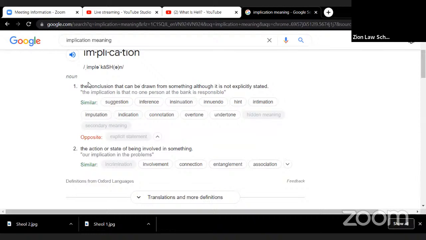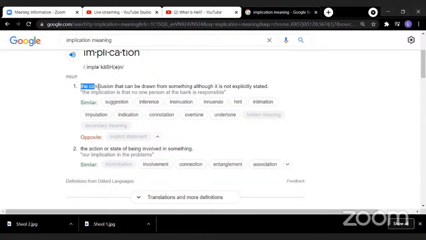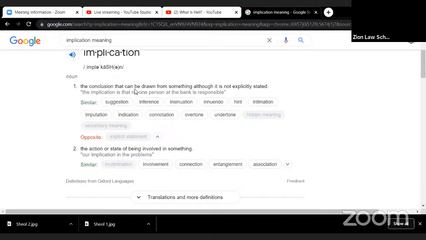The second meaning is the action or state of being involved in something: connection, entanglement, association. So here we see as a noun, implication in definition number one, the implication that can be drawn from something. Okay, so we'll go step by step.